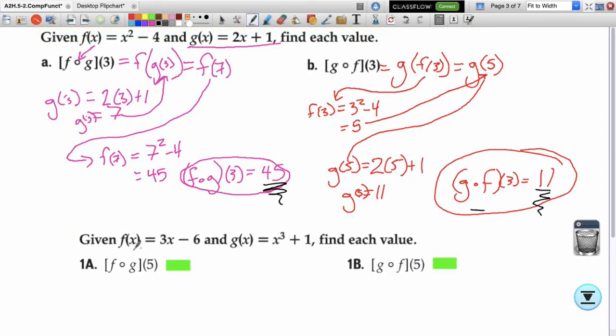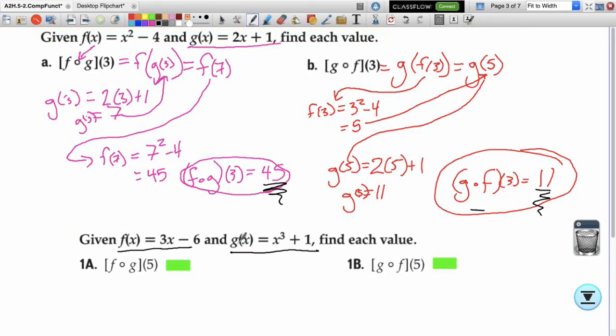So I want you to take a second. We have 2 different functions down here. Pause the video, okay? And give it a go. All right, I'm going to solve them out silently and quickly, check my answers, and then we'll move on.